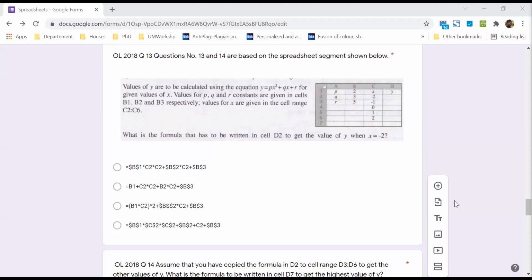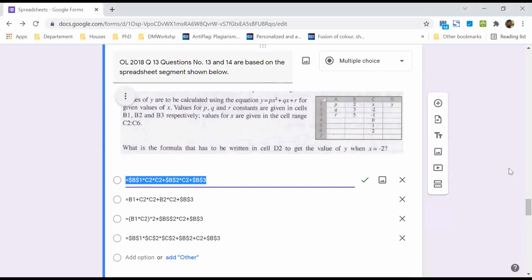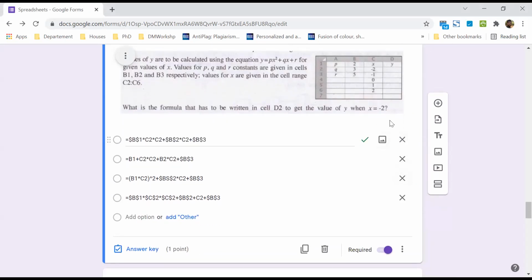But here we have been given the values, right? So the equation is Px square. So that means in this one, what we need to try is, let me take this one. So we need to write what?